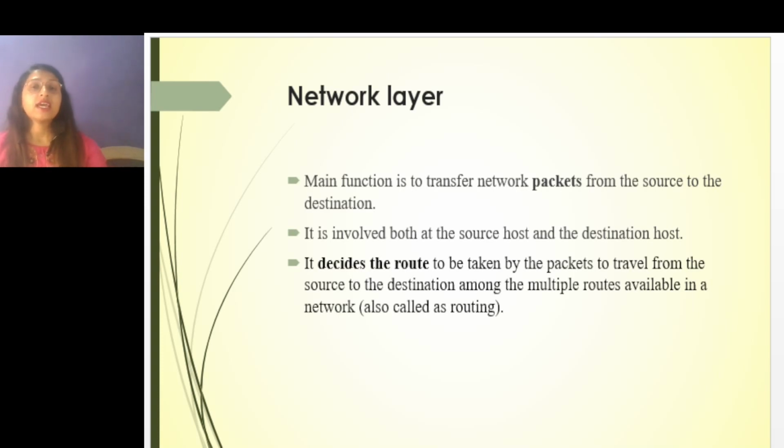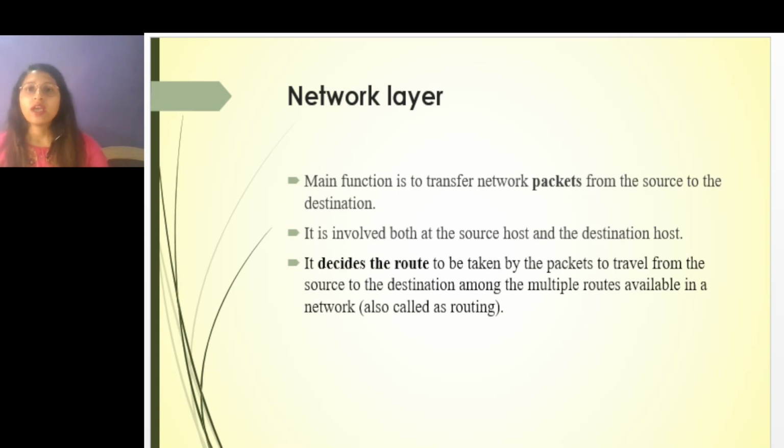The main function is to decide the route or the path that needs to be taken by the packet as it travels from source to destination. So it is also called routing.